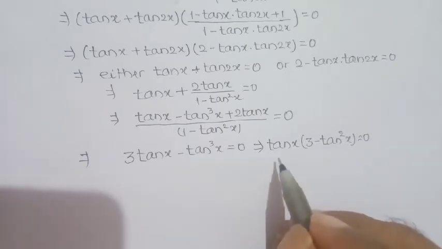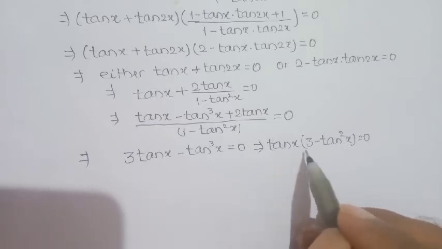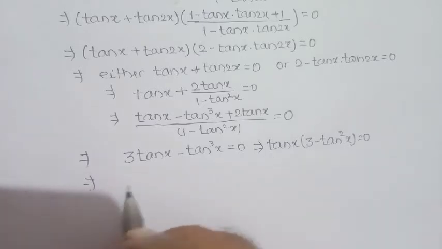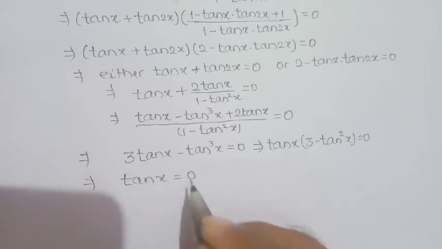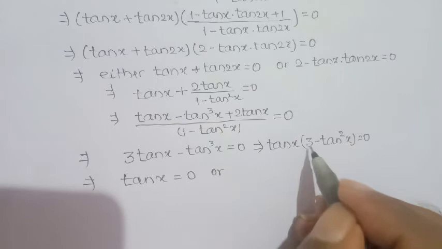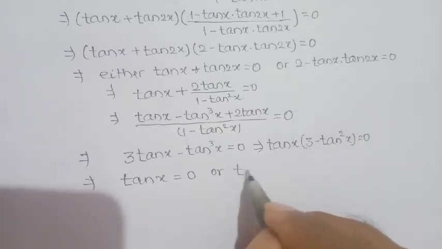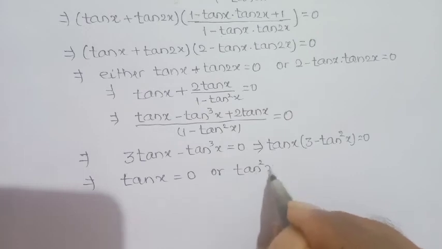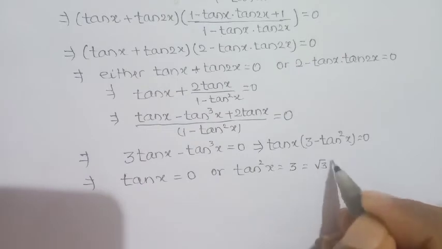Again, this is a product of two terms, so either tan x is equal to 0 or 3 minus tan square x is 0. It means tan square x is equal to 3. 3 should be written as root 3 whole square.